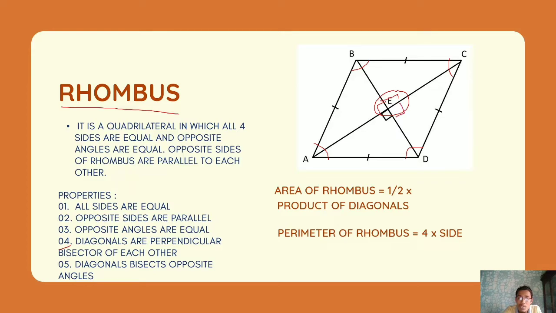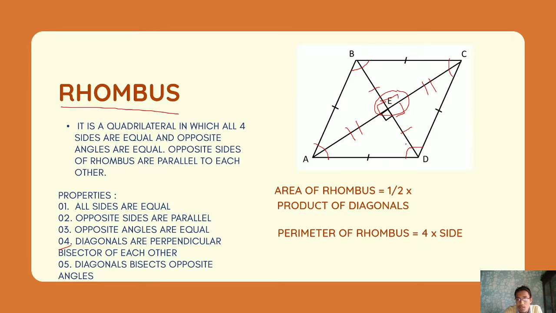So this means that these two diagonals are perpendicular. Also, these diagonals bisect each other into two equal halves. Remember this. So this was the fourth property.